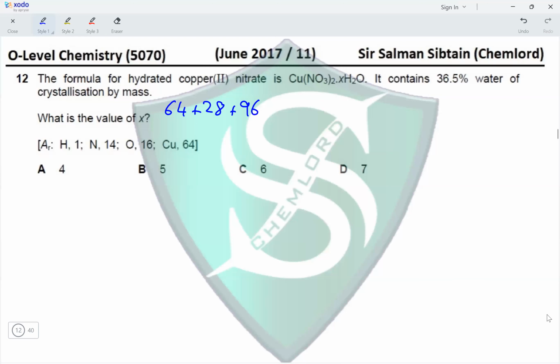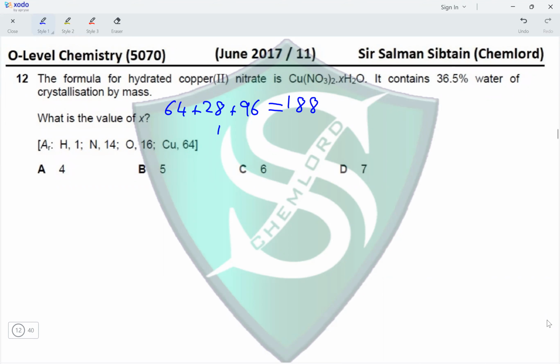This would be the MR of copper nitrate, which is anhydrous. And this is equal to 188.